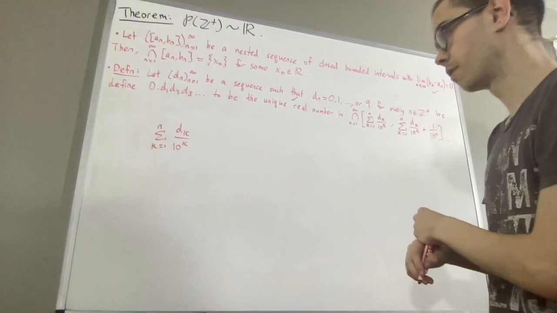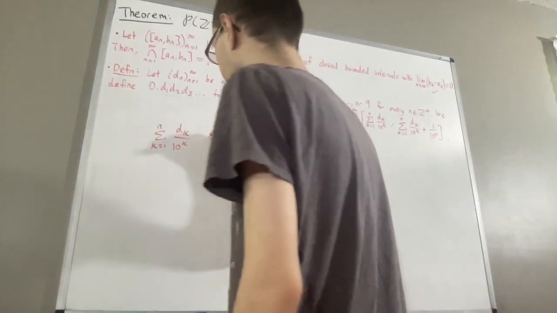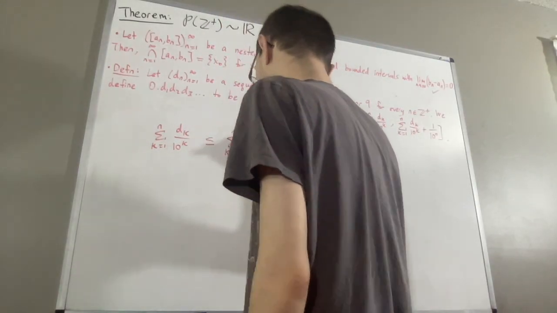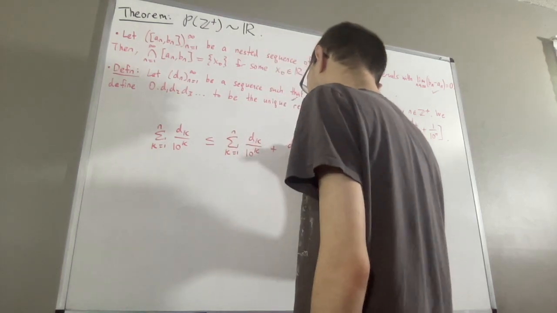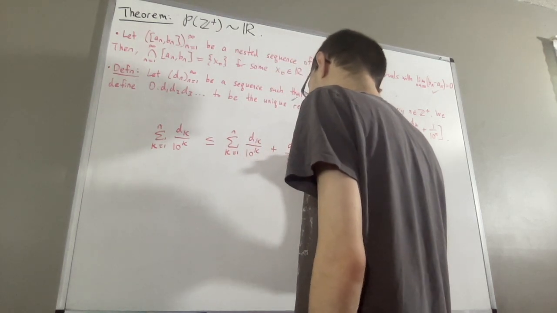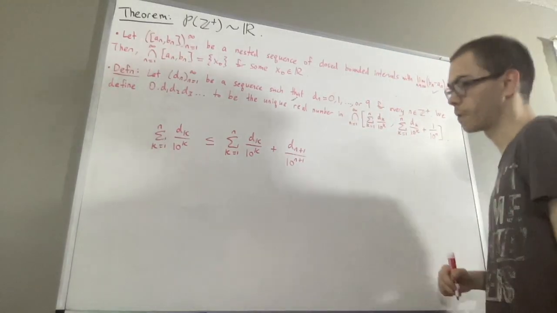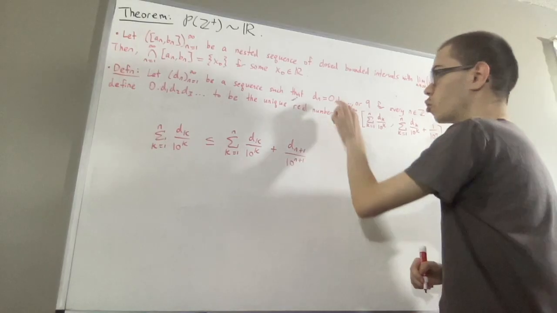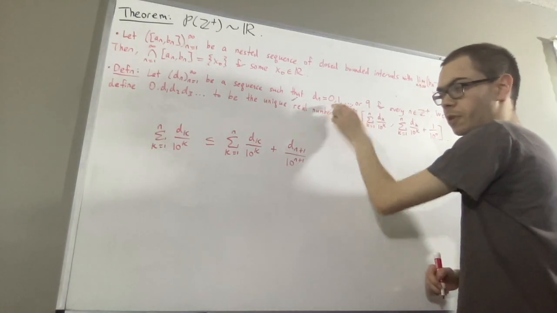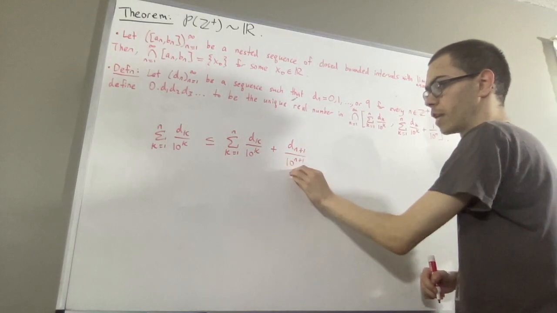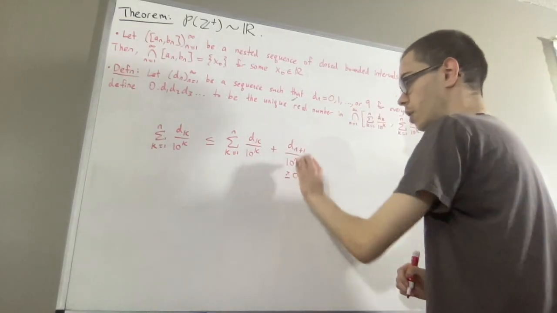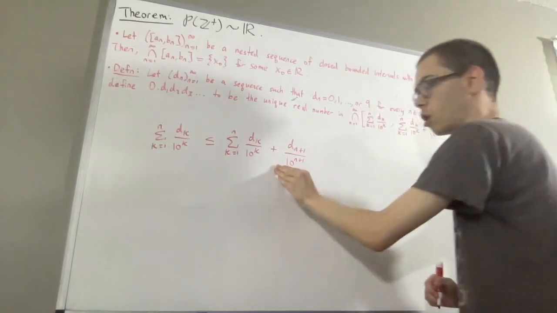Well, we know that this would have to be less than or equal to itself plus d_{n+1} over 10 to the n plus 1, right? Because we know that d_{n+1} is greater than or equal to 0. Therefore, d_{n+1} over 10 to the n plus 1 is greater than or equal to 0, right? Because this quantity is greater than or equal to 0, this inequality is true.